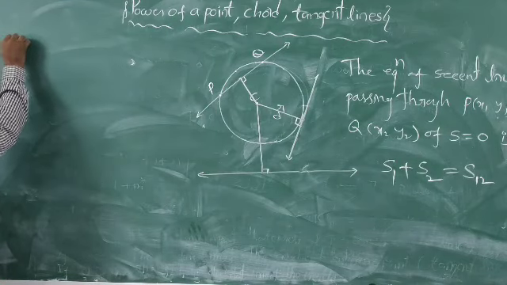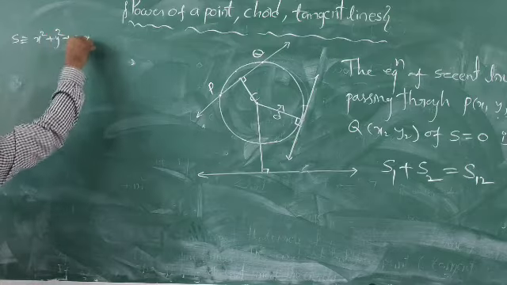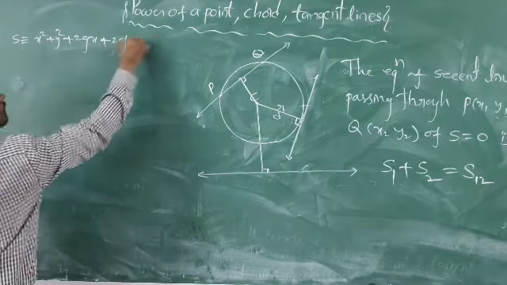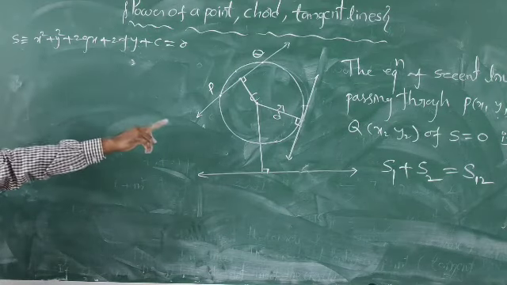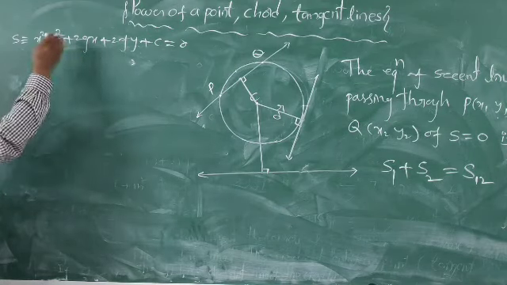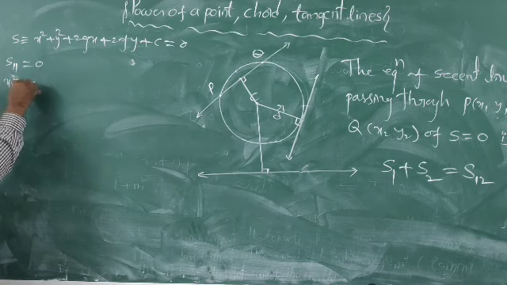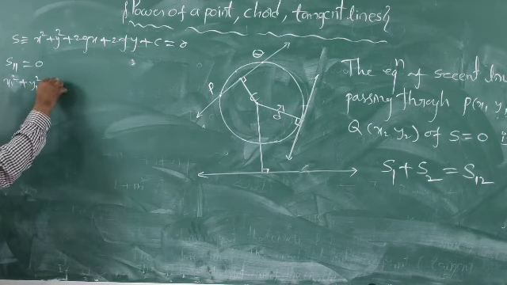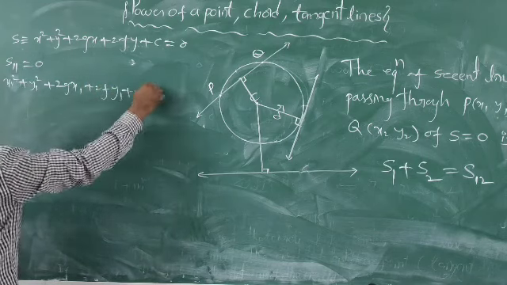So here S is x square plus y square plus 2gx plus 2fy plus c equal to 0. And P(x1, y1), Q(x2, y2) are on the circle. That's why S11 will be equal to 0. S11 means x1 square plus y1 square plus 2gx1 plus 2fy1 plus c equal to 0.